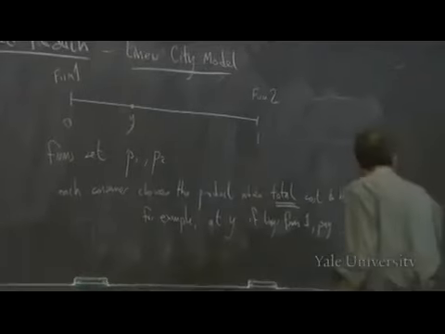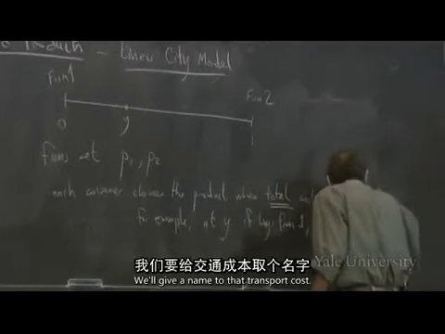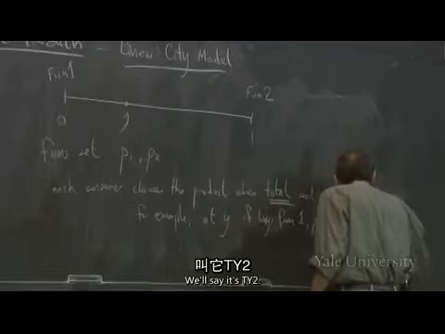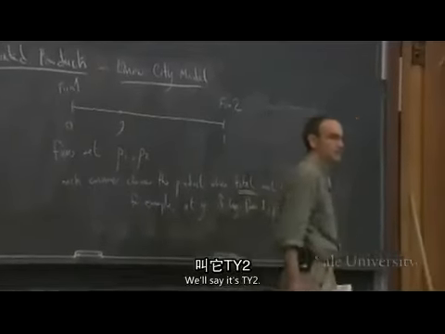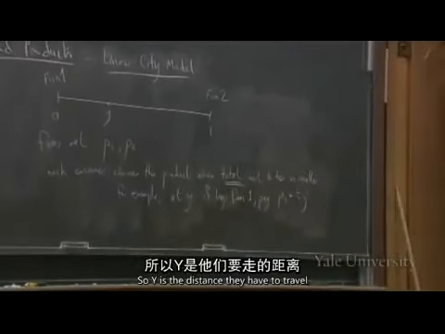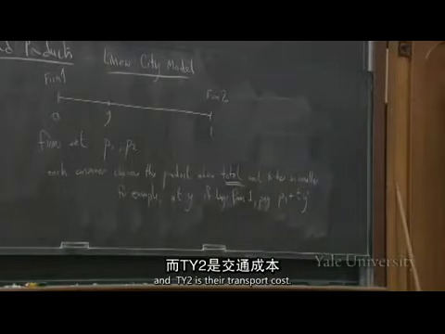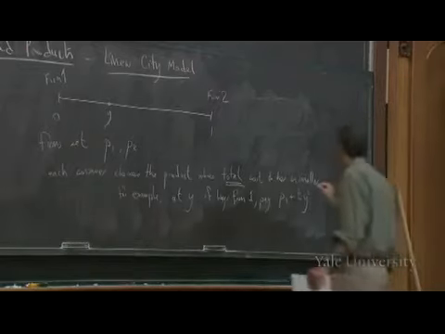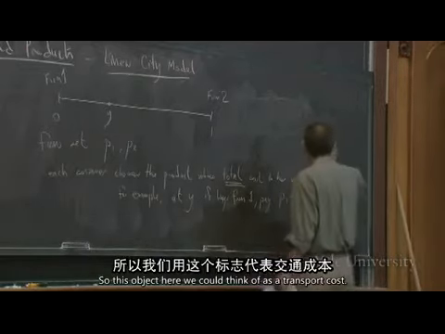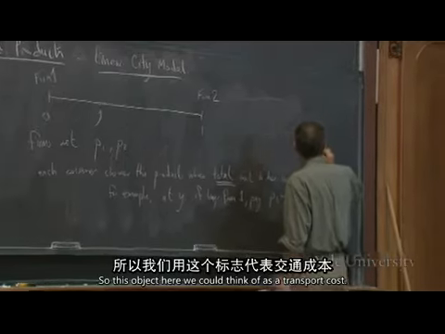And we'll give a name to that transport cost. We'll say it's t y squared. So y is the distance they have to travel, and t y squared is their transport cost. So this object here we could think of as a transport cost.